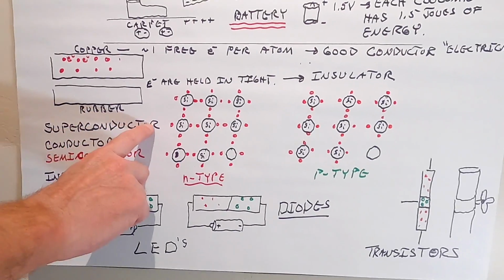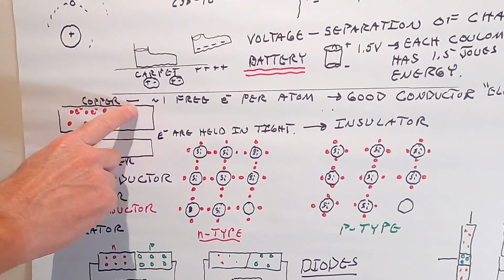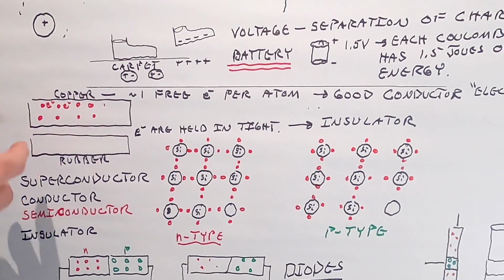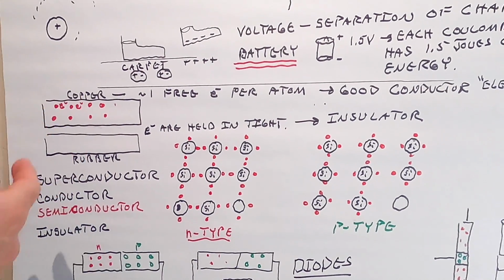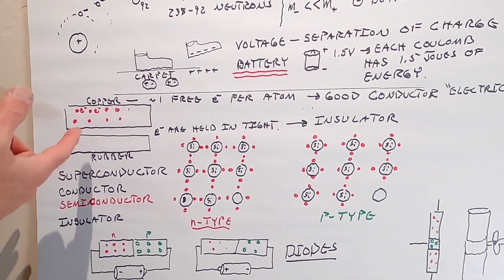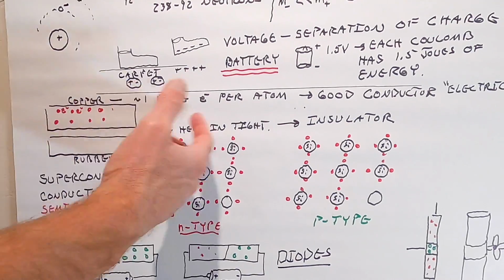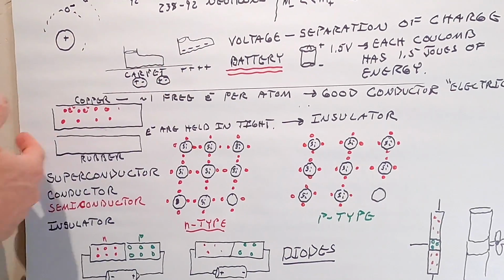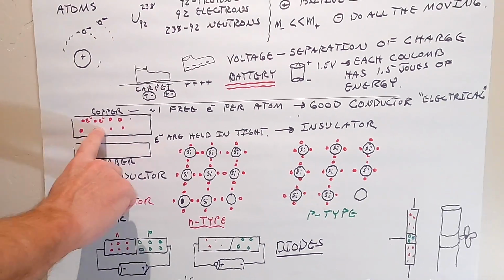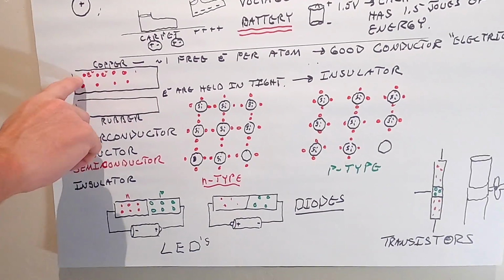We can also bring up something called the superconductor. If you were to take this piece of copper and get it really cold, down to 1 or 2 degrees Kelvin, then these charges would move like there's no friction. We call that a superconductor. There would be nothing to slow them.